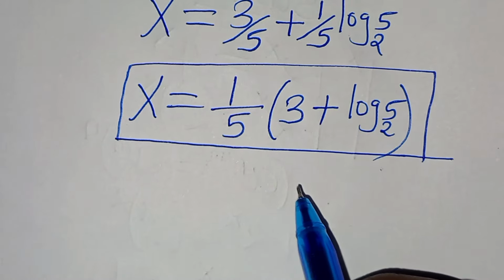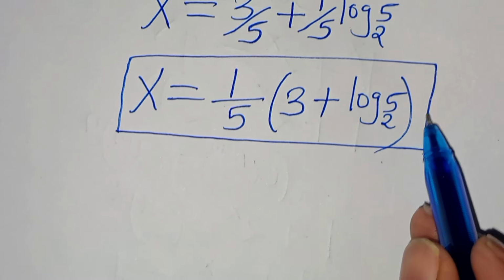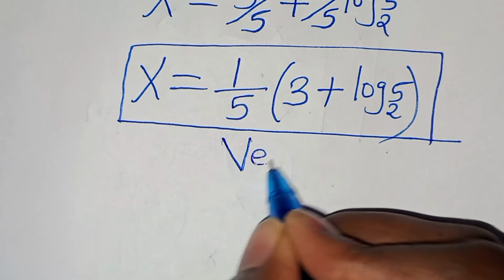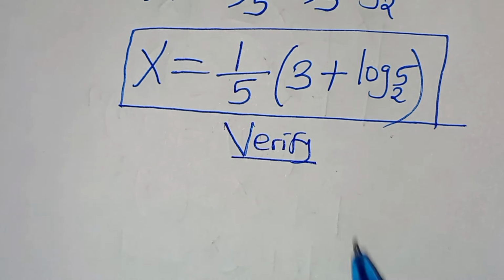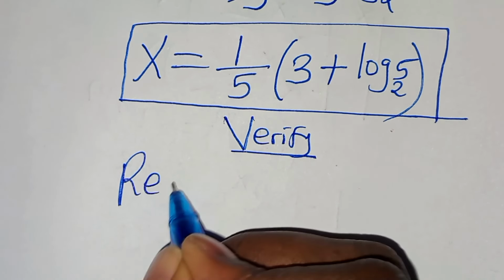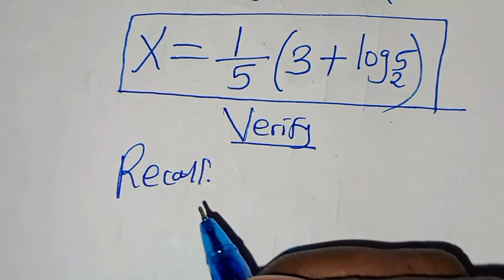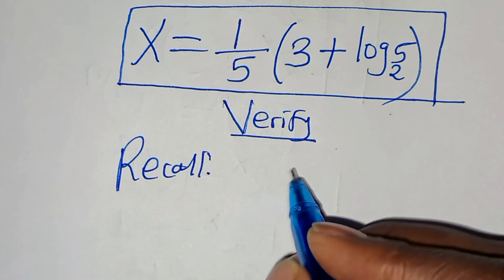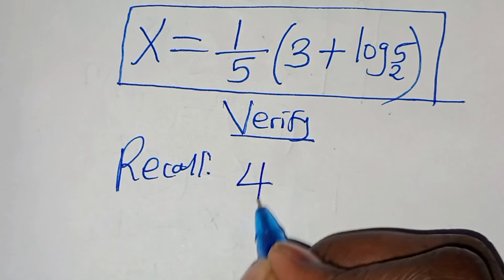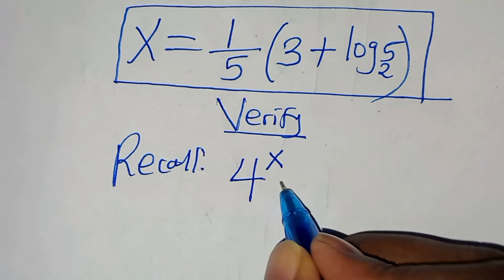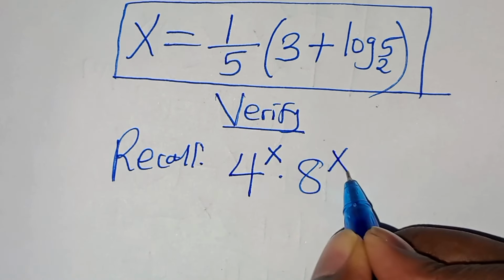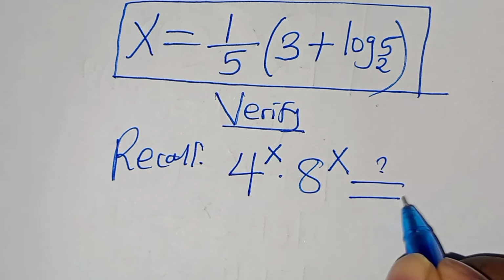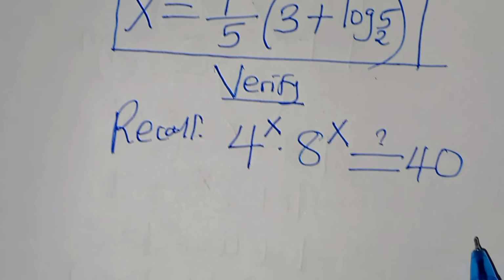The next step from here is to verify that this value of x satisfies the equation. Let's verify from here. Now if you recall, we entered 4 to the power of x multiplied by 8 to the power of x. This is supposed to give us a value of 40.